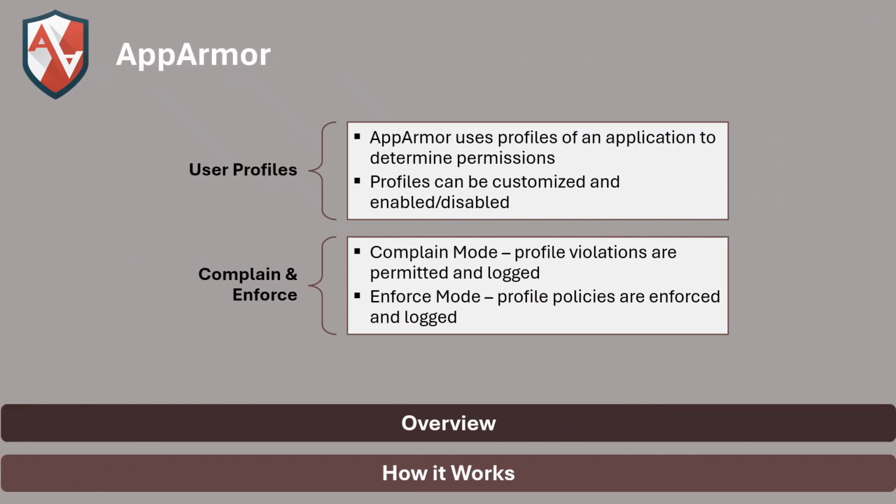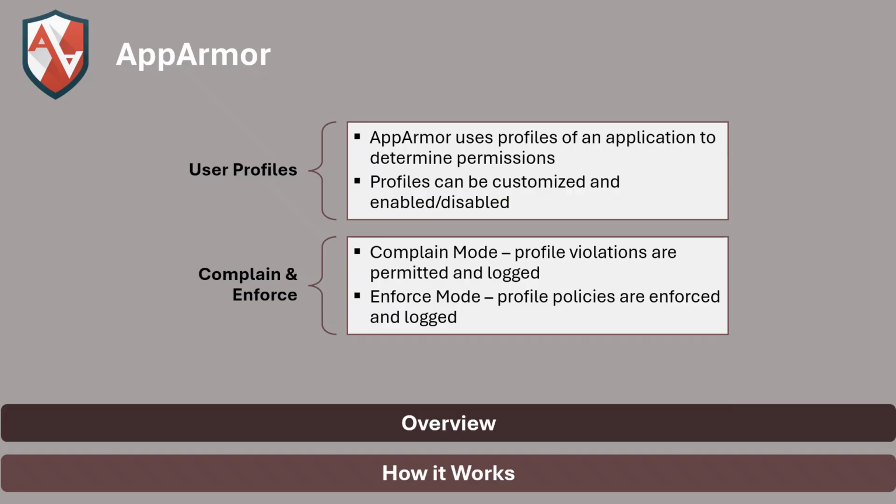AppArmor enables server administrators to create specific profiles for applications that dictate access permissions. In Ubuntu, AppArmor is pre-installed, and an optional package called AppArmor-utils is available, allowing administrators to modify profile modes, create new profiles, and enable or disable existing ones.